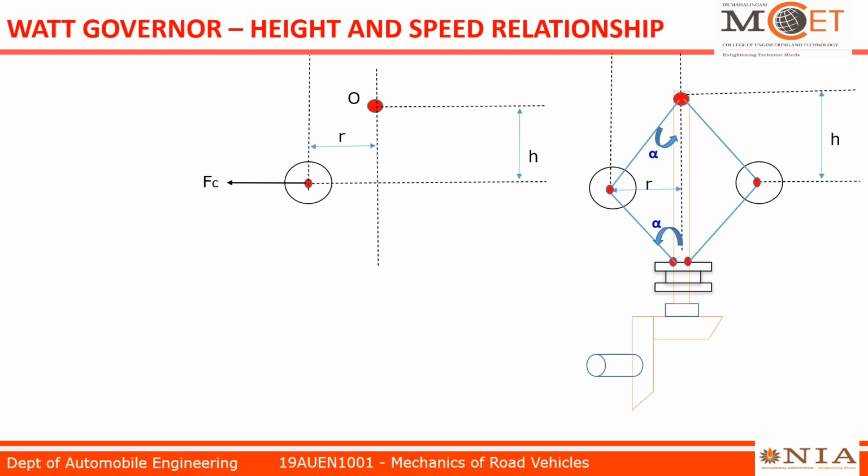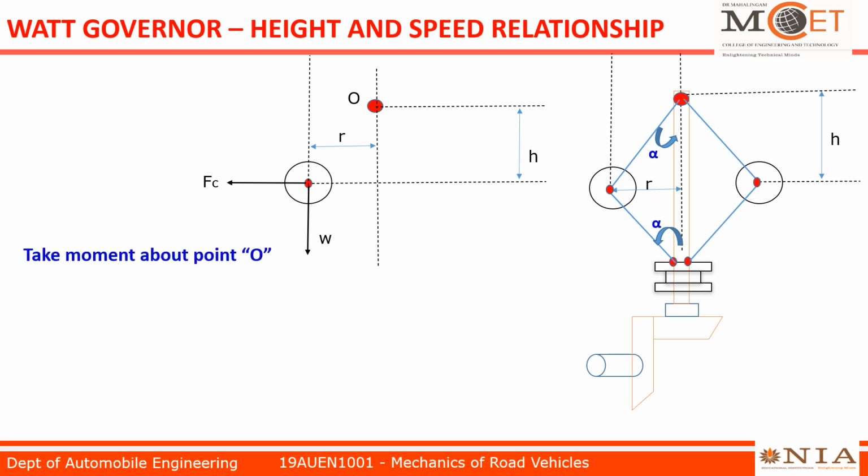All the components have some self weight, as well as the fly ball. We mark this weight as small w and mass of fly ball as small m. Since the gravitational force acts in the downward direction, the self weight of the fly ball will be in the downward direction. I just mark it as small w.